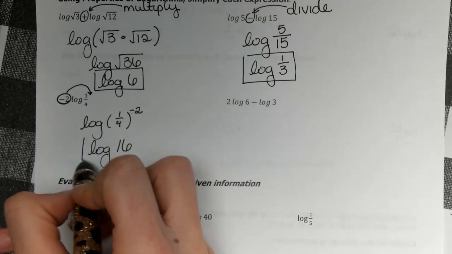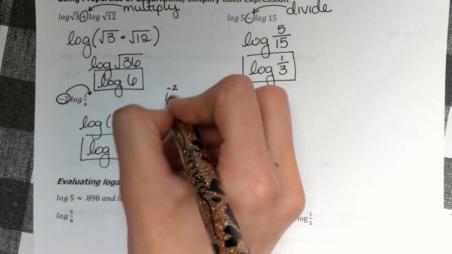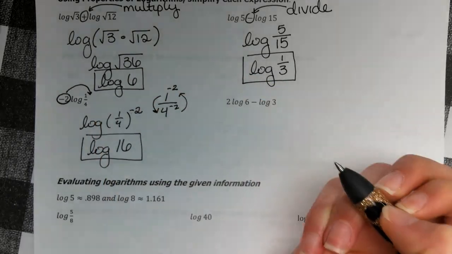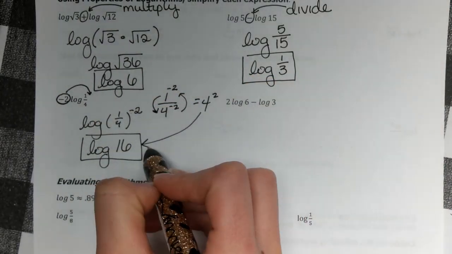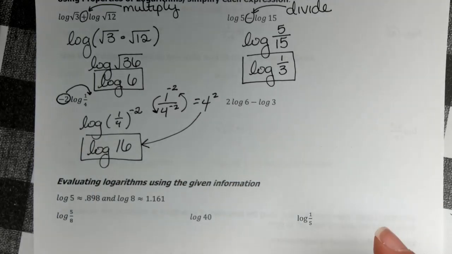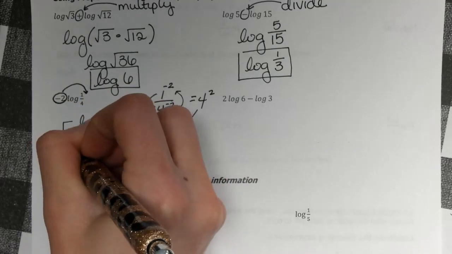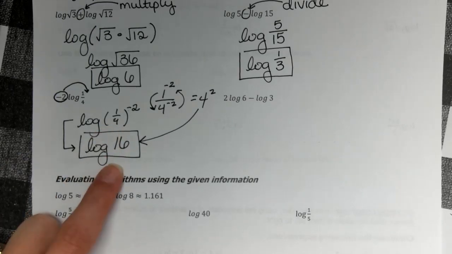If you needed to do the work to see how I got there, all you're doing is 1 to the negative 2, 4 to the negative 2. These just flip-flop. 4 over 1 is 4, so you're just doing 4 squared, which is how I got 16. But if you know negatives flip and you can do 4 squared in your head, then I'm okay going straight from here to here. But I have to see this and then your answer.